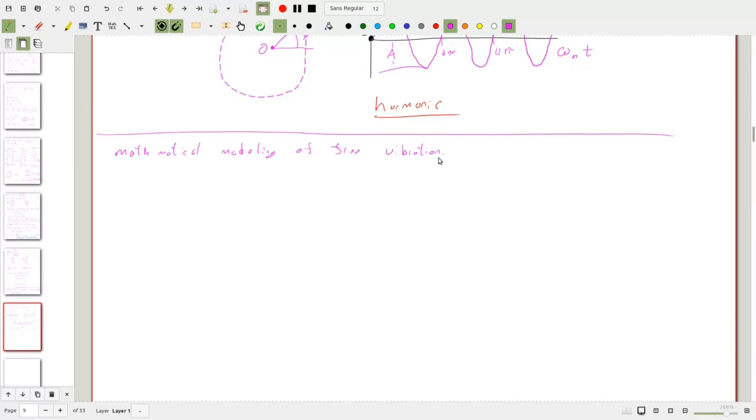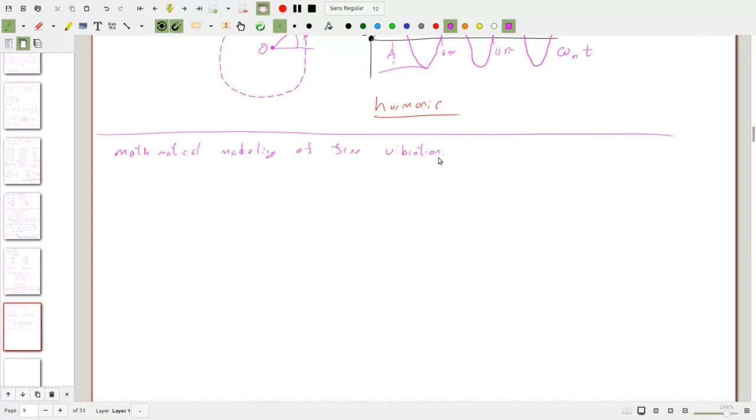Okay. So the development of a mathematical model for a system under free vibration would allow us to predict and model the vibrating system of interest, right? So that's really what we want to get to.